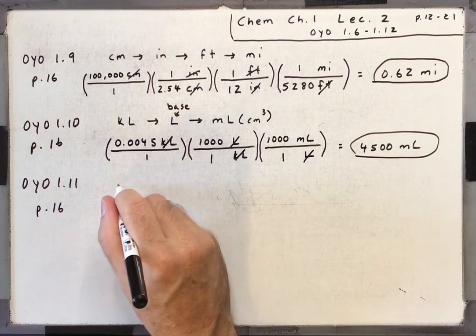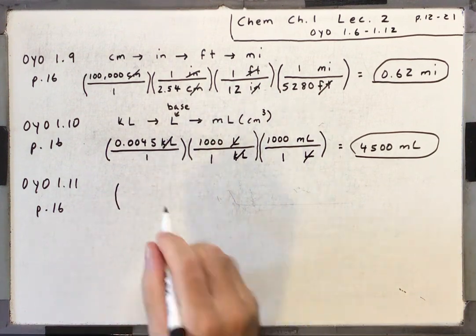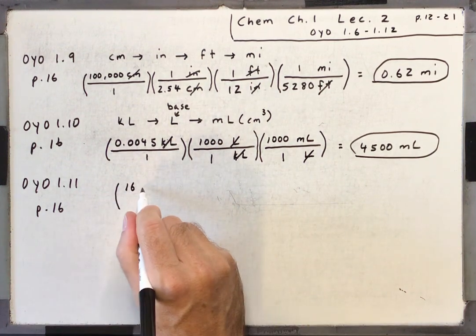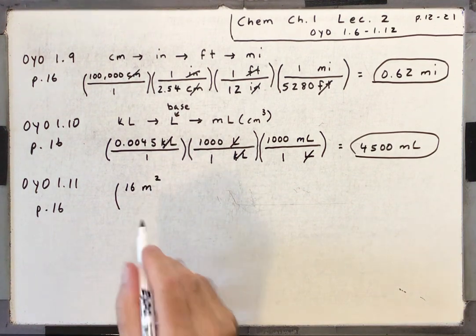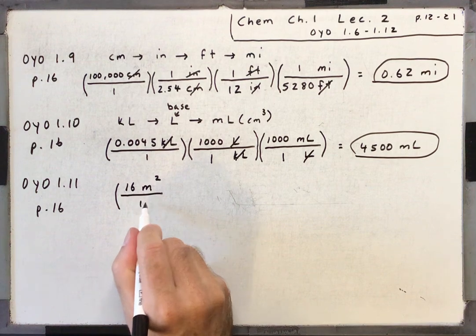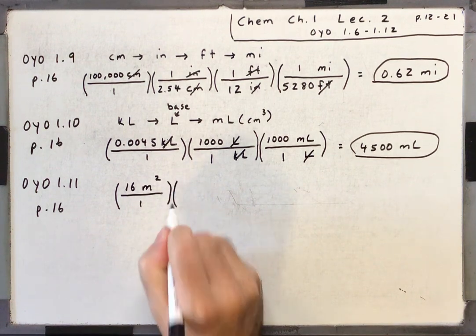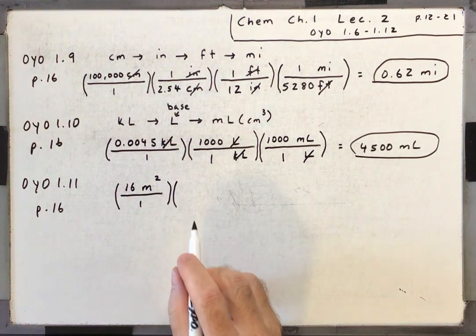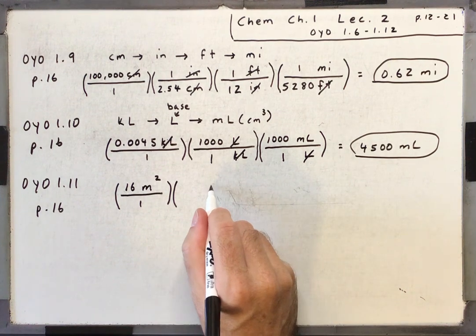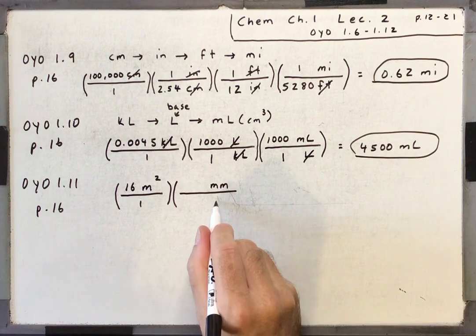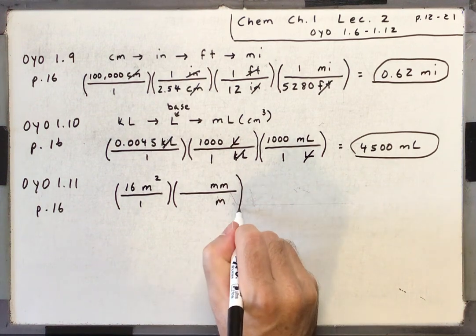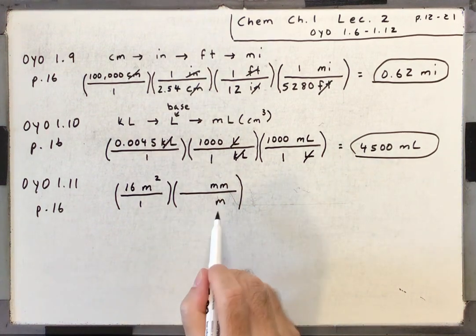So this isn't multi-step because meter is the base unit. So 16 meters squared. We want to know how many square millimeters. So the way this works is that we want to go to millimeters on top, meters on bottom. But that's not quite enough. I'll show you in a minute.